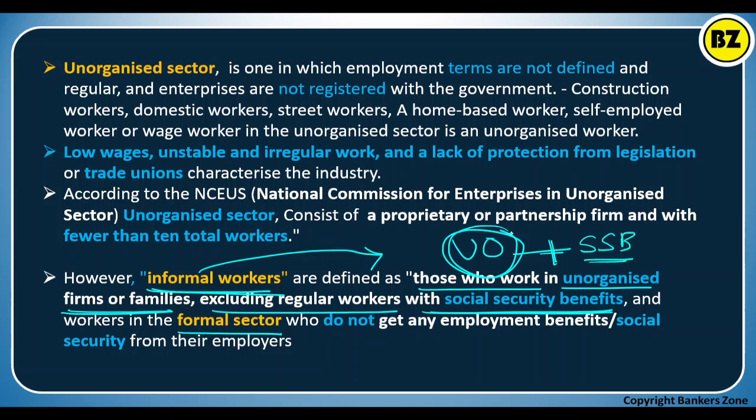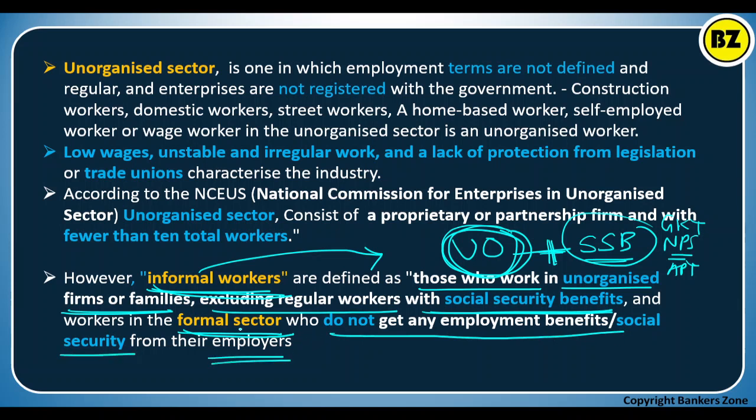For example, workers on a construction site who have enrolled for social security benefits, say NPS, or who are getting some government benefit, for example Atal Pension Yojana, or benefits like Garib Kalyan Yojana. So they are part of informal workers. Now what are formal sector workers? Simply those who do not get any employment benefit or social security from the employer. Okay, so this is the simple difference: informal means getting some social security, whereas formal means zero social security.